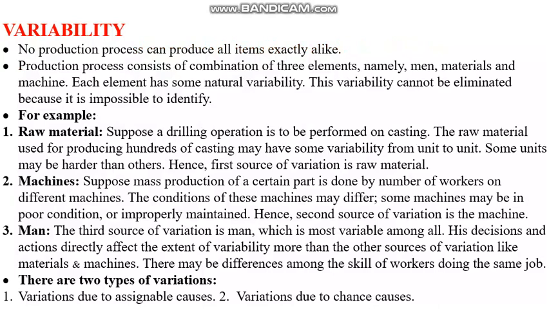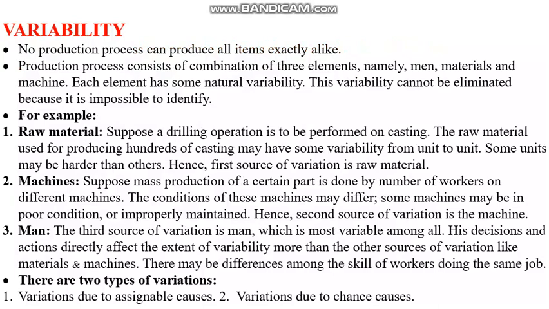Anyway, the production process consists of a combination of three elements, namely men, materials and machine. These three M's are involved. Each element has some natural variability. This variability cannot be eliminated because it is impossible to identify.